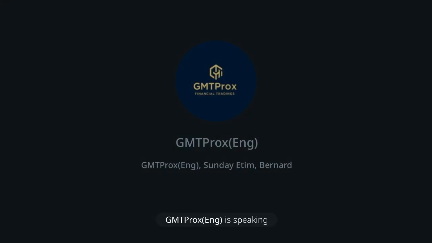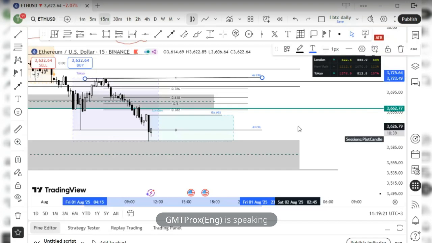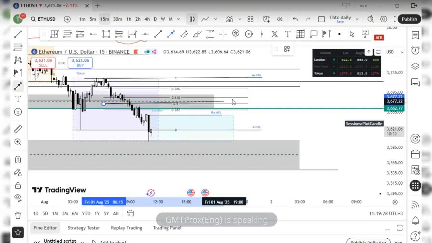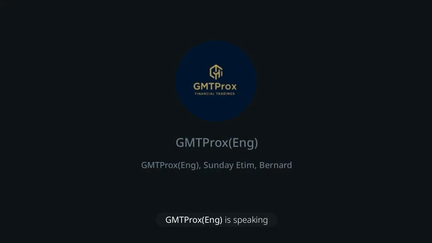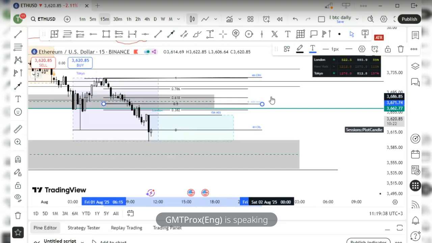Now you come here and say this is our 50%. So you mark it. This is my equilibrium level. What are you looking for? You are looking for buy positions.